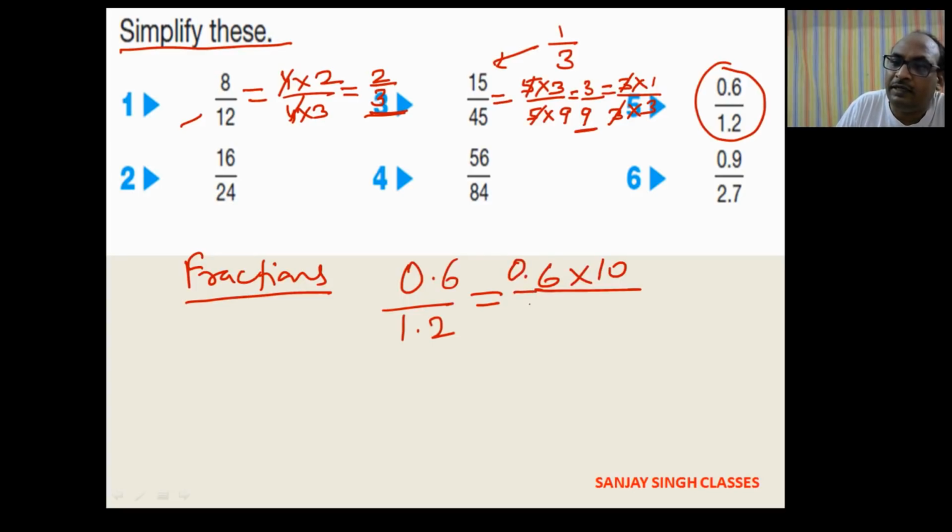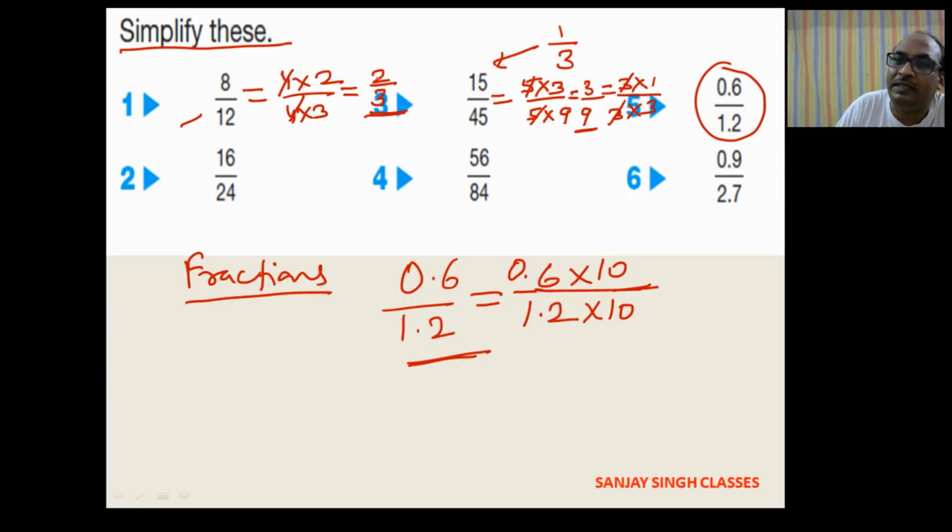So 0.6 into 10 divided by 1.2 into 10. Why are we multiplying with 10? So that we can remove these decimals. Multiplying with a common factor will not change the fraction. That we also need to remember.